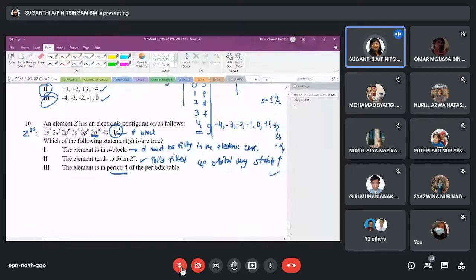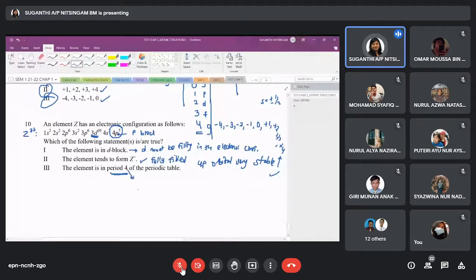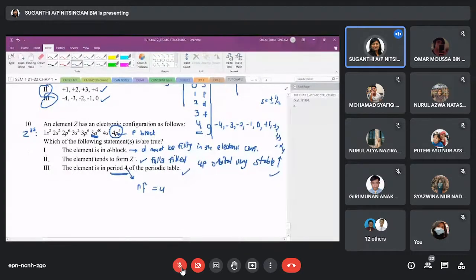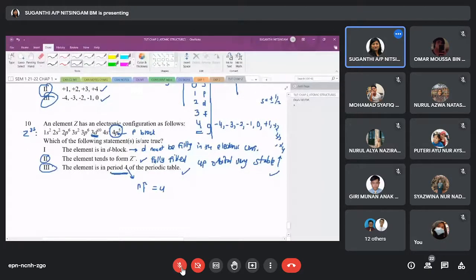Is it period 4? True, because the highest N is 4. So the answer is 2 and 3.